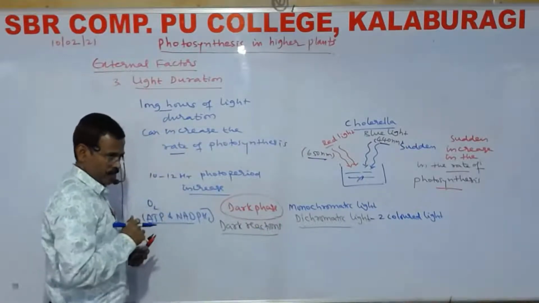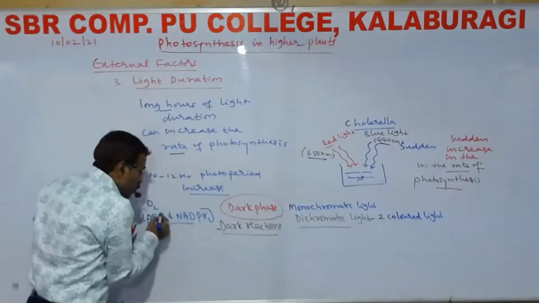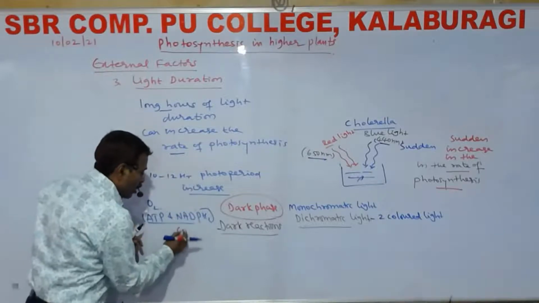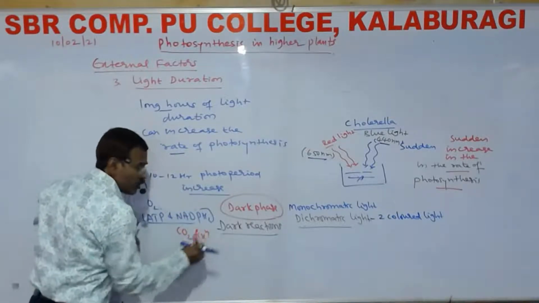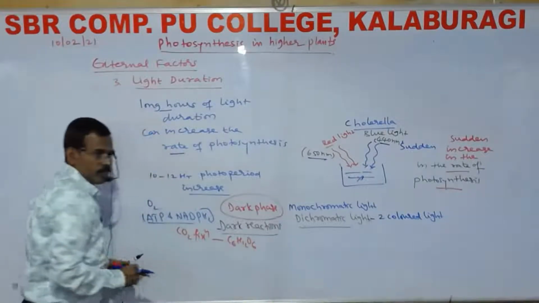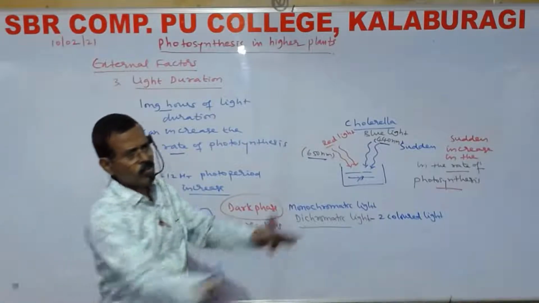They don't need light. So if dark reactions occur, they make use of the ATP and NADPH, the assimilatory power, for carbon dioxide fixation, and they synthesize sugar. So that's why usually there should not be continuous sunlight.